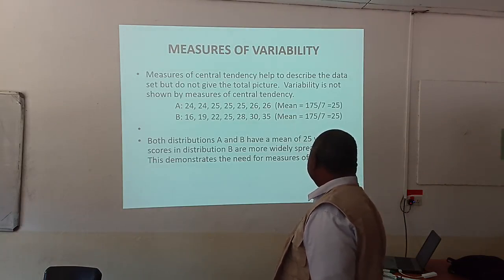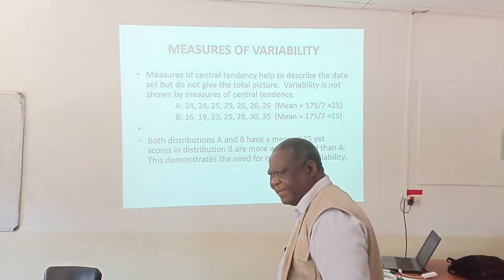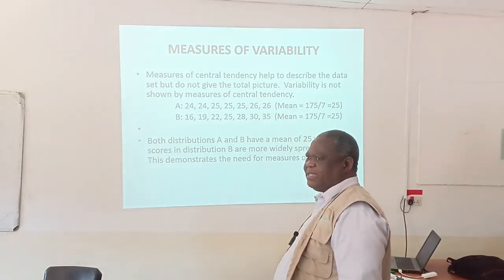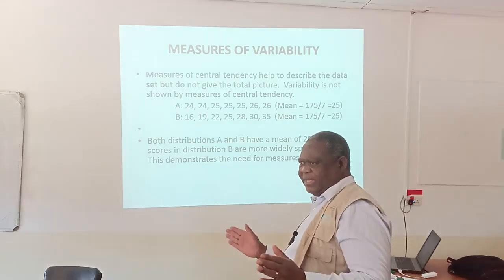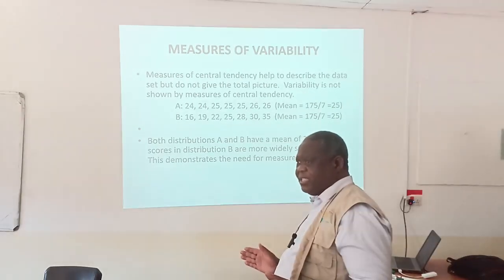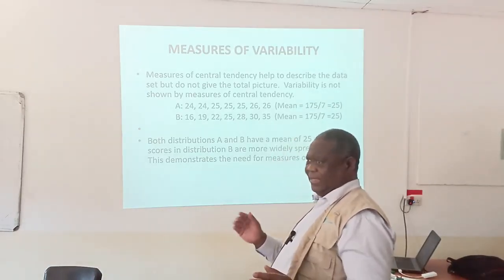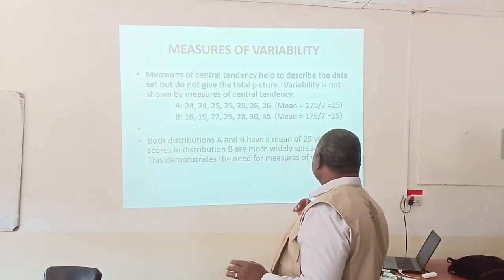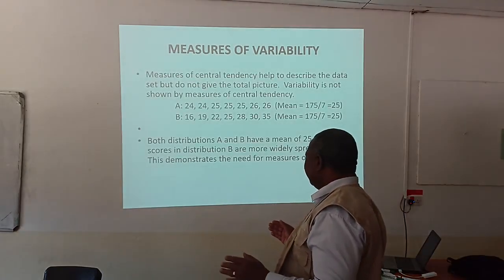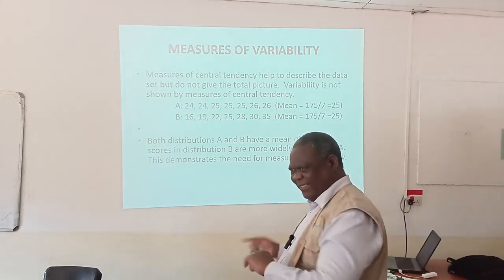The further apart the scores fall, the more variability in that distribution. The closer together the scores are falling in a distribution, the less variability in the distribution.